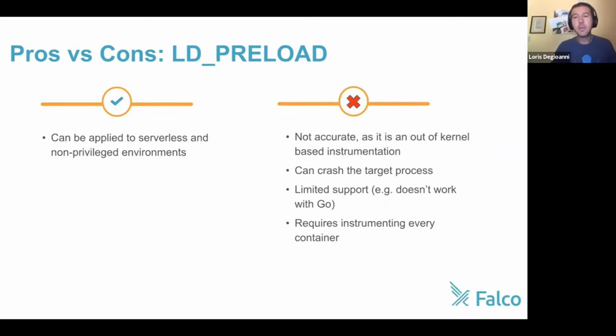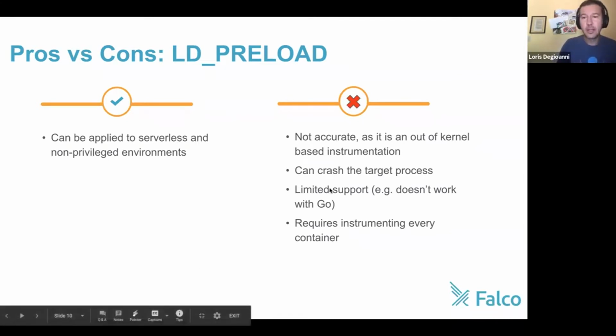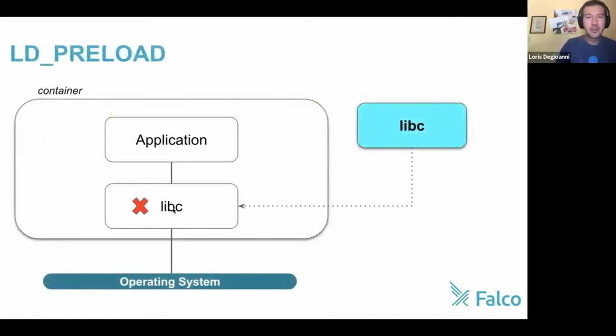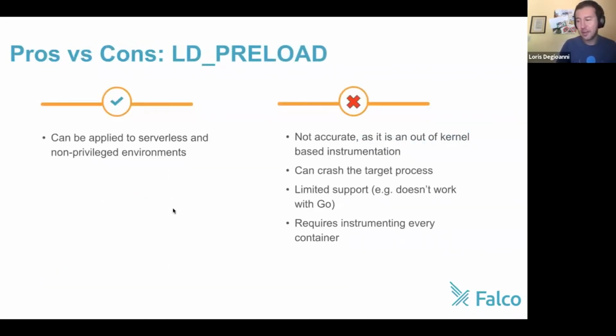The big one is probably the third one here on this slide, which is in order for you to be able to replace libc, your application needs to use libc, which is sort of traditionally a good assumption, because everything, C applications, Java applications, Python, you name it, they all use libc. But there are nowadays whole classes of applications that don't.